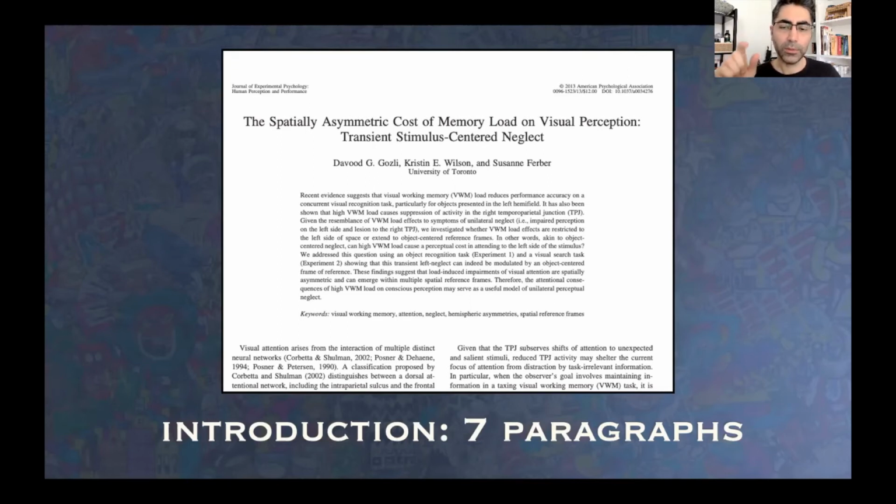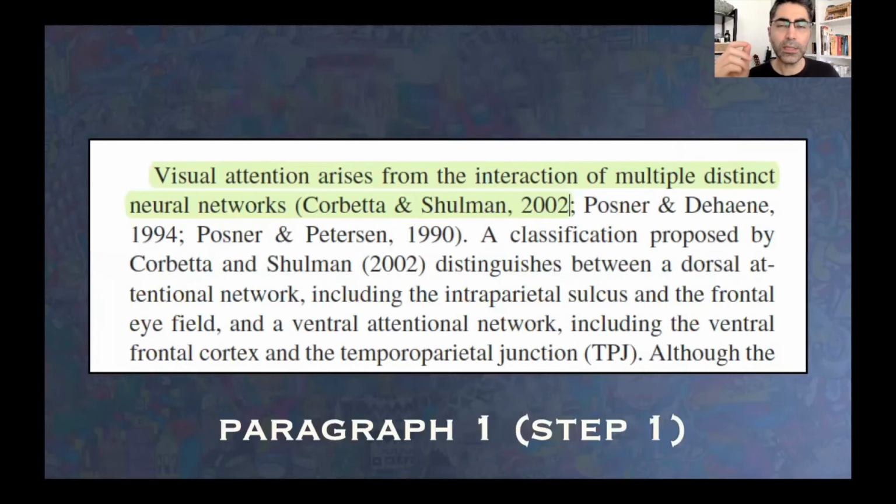in the literature review. Let's look at the very first sentence in this introduction, how we open the article. The very first sentence is this: visual attention arises from the interaction of multiple distinct neural networks. That's it. This is idea number 1, or step 1.